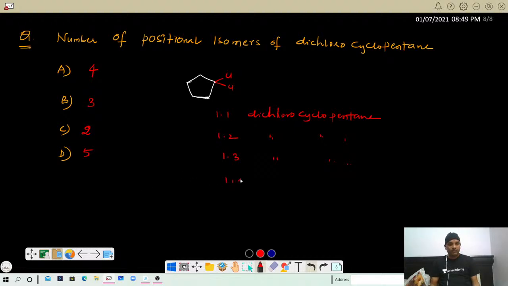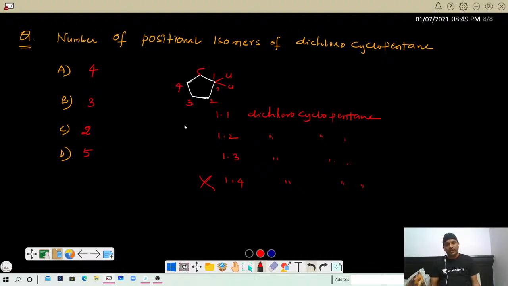Can we write 1, 4? No. 1, 4 dichlorocyclopentane we can't write, because if you give numbering from here, 1, this is 2, this is 3, this is 4, this is 5.